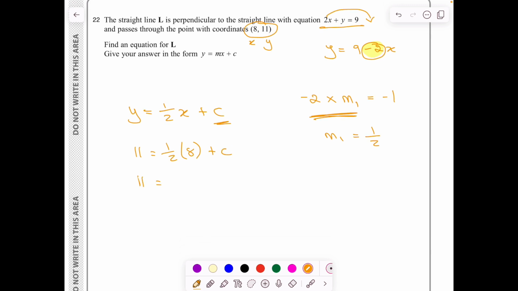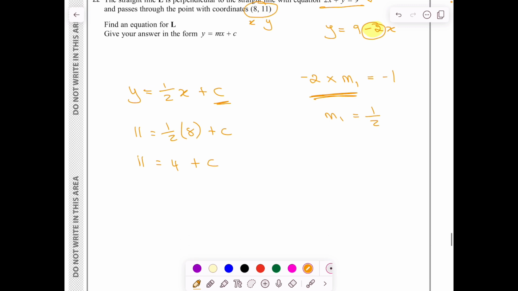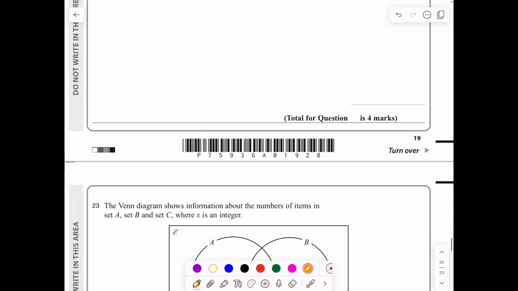So 11 equals 1/2 times 8 is 4, plus c. I take away 4 on both sides, and that gives me that c equals 7. So then my final answer is y equals 1/2 x plus 7. So that one's done.